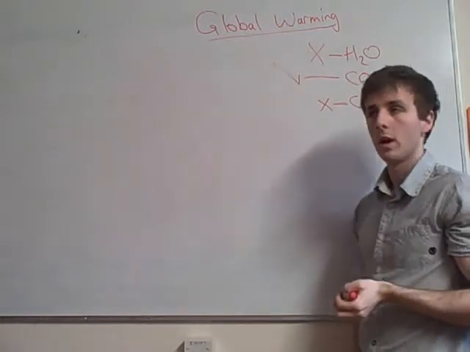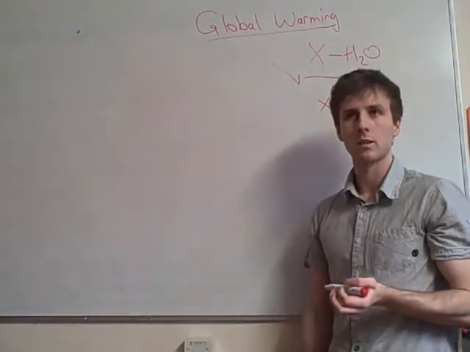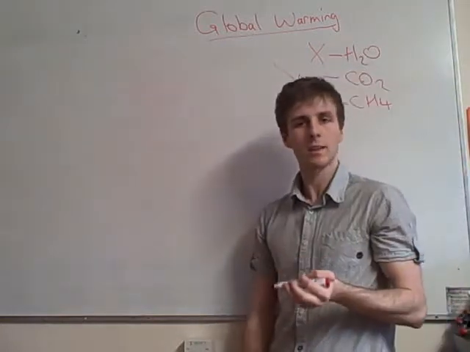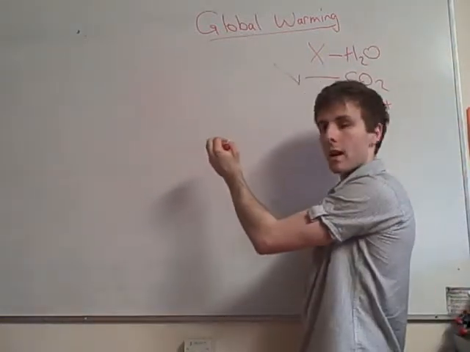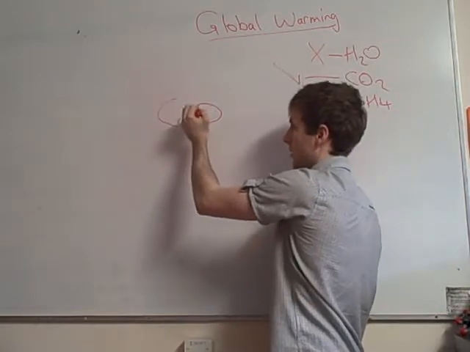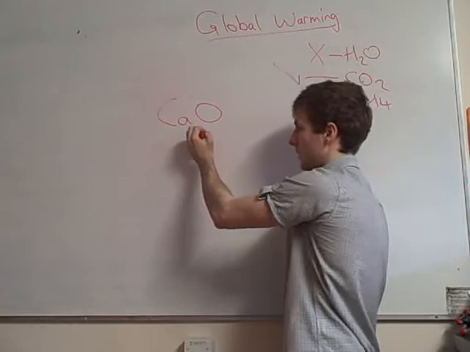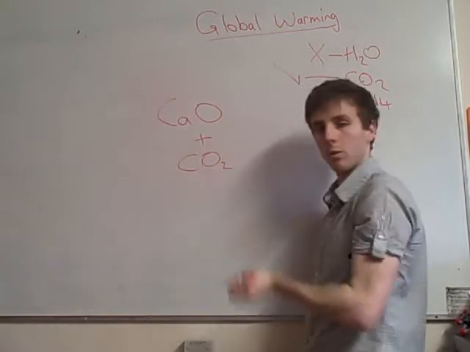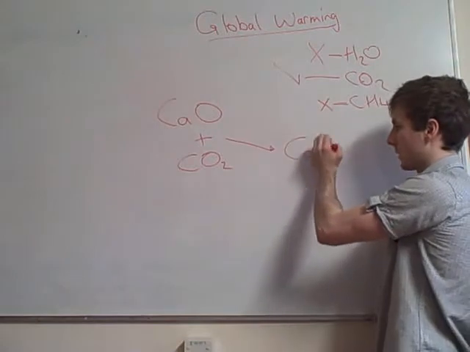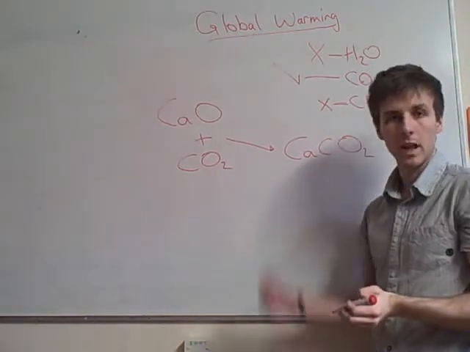Okay? And there's two really interesting and thoughtful ways we've invented to do this. One of them is dead simple. You've probably seen the reaction before where we take calcium oxide and we react it with carbon dioxide gas, and that will make calcium carbonate, limestone.